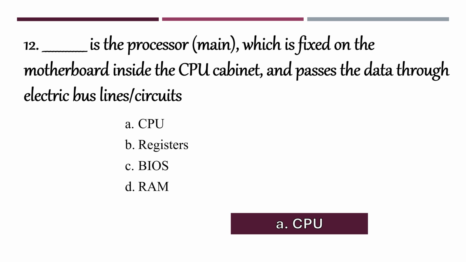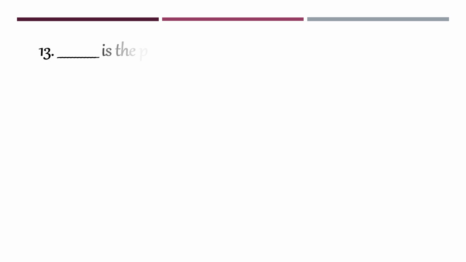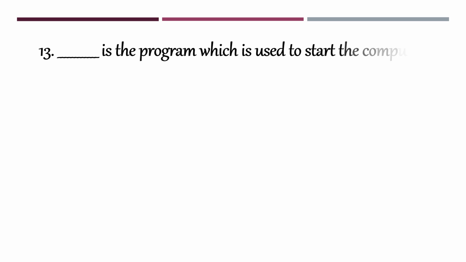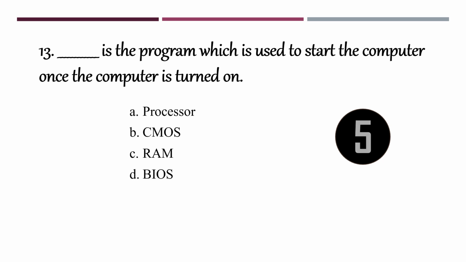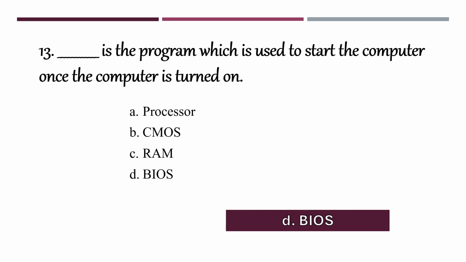Option A, CPU. Dash is the program which is used to start the computer once the computer is turned on. Option D, BIOS.